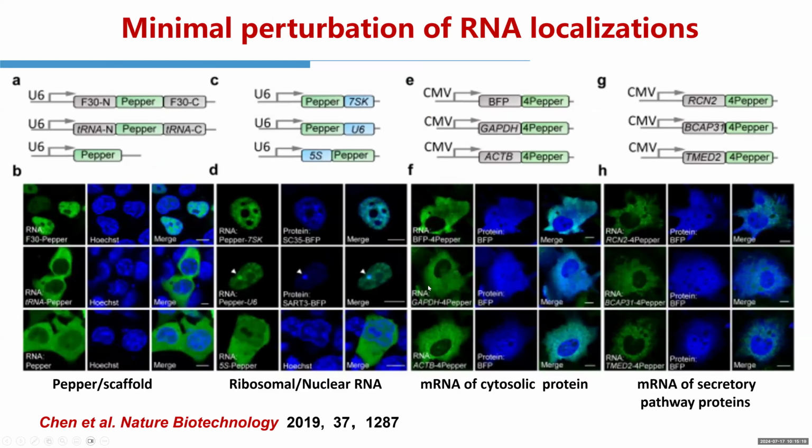We then fused Pepper to scaffold RNAs, such as tRNA or F30, or other functional RNAs, and found that such fusion showed minimal perturbation of RNA localization. For instance, ribosomal RNA and mRNAs are localized in the cytosol, while small nuclear RNAs localize to the nucleus.